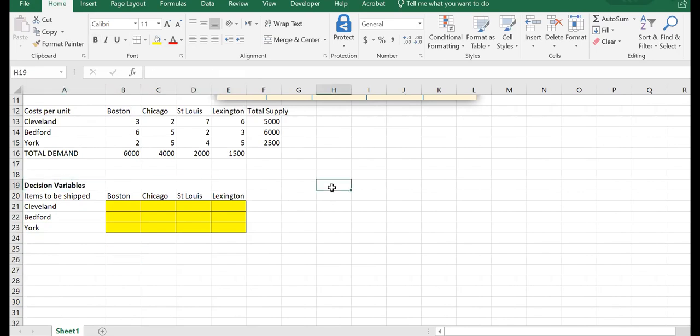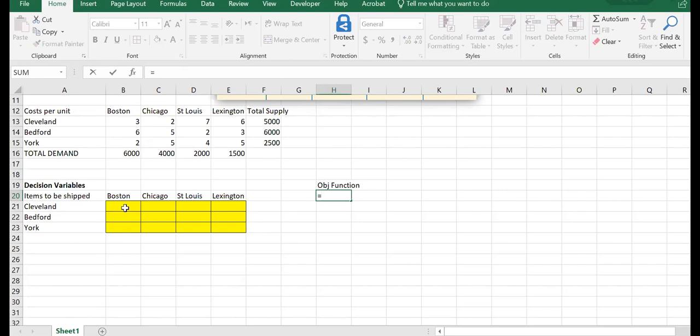And then our objective function would be the total cost. All right. Each unit sent from Cleveland to Boston is going to cost us $3. And this is actually X11.